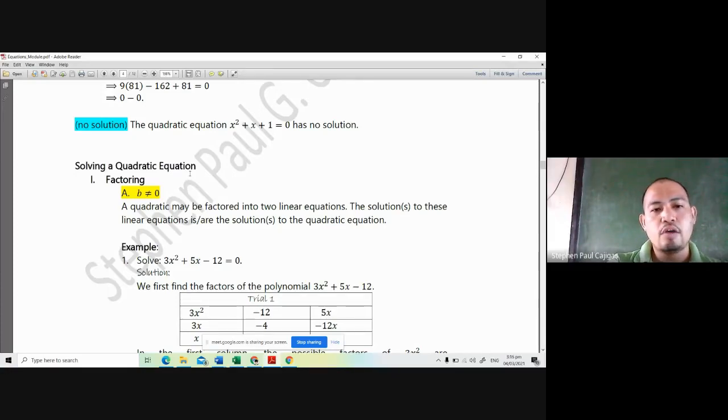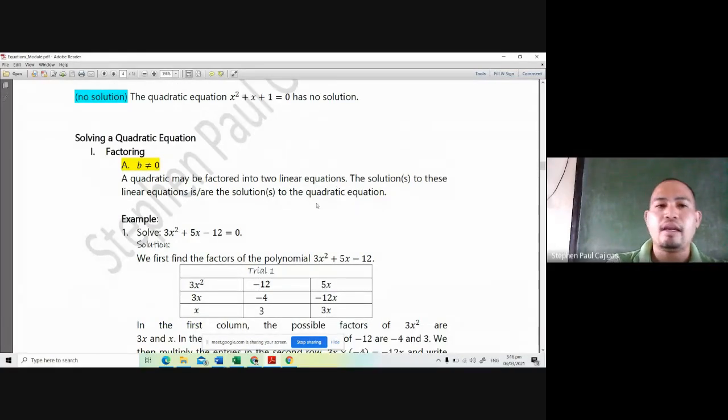The 3 common ways are factoring, completing the square, and using the quadratic formula. You can go straight to the quadratic formula unless the process to be used is stated in the test. But if it is not stated, you can go straight to the quadratic formula, because you will always arrive at either the solutions or no solution when you use it. If you use factoring or completing the square, it may take longer.